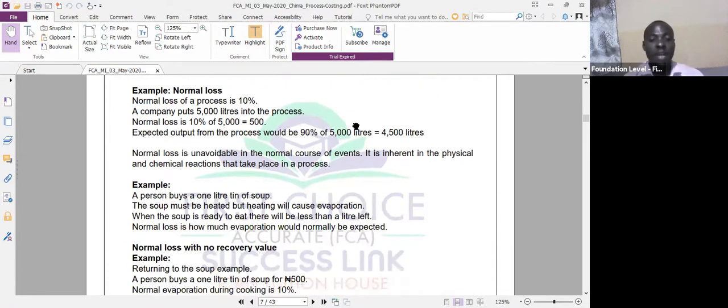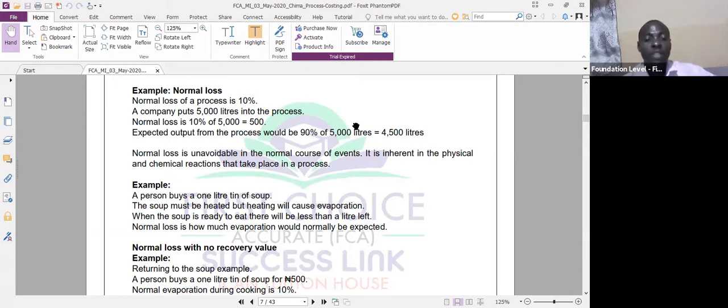A person buys a liter of soup. The soup must be heated, but heating will cause evaporation. So when the soup is ready to eat, it will be less than 1 liter because some has been evaporated by normal loss.